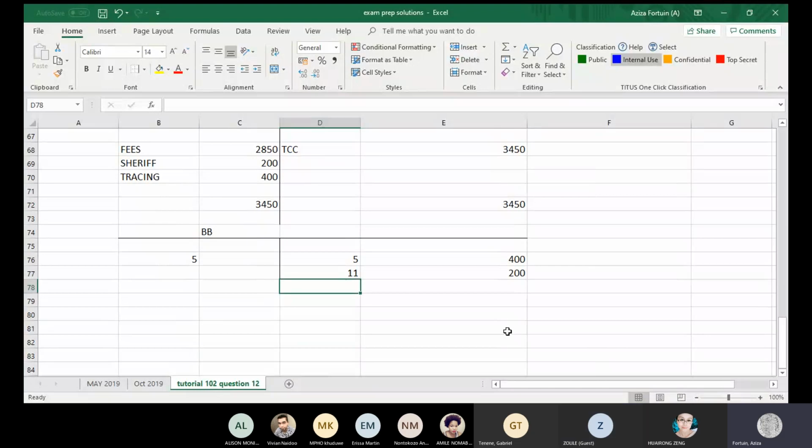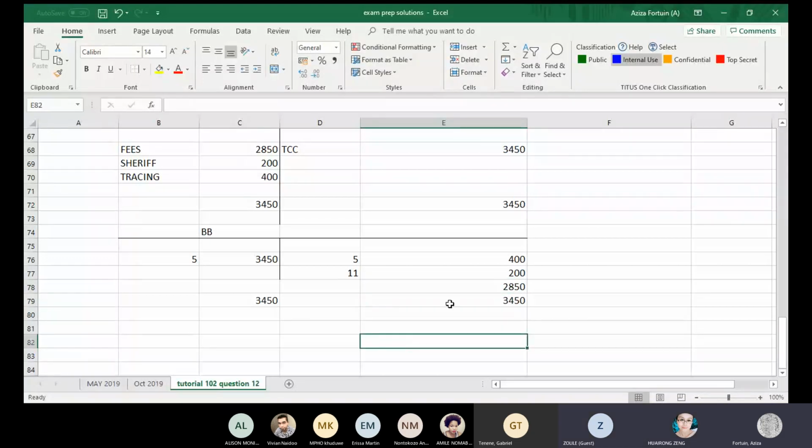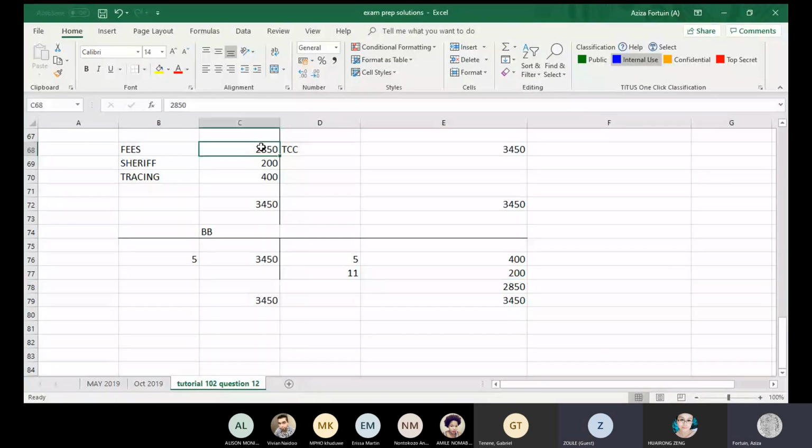And then we should have the transfer 3,450, right? Yes, but is that on the debit or credit side? Debit side. Yes. Okay. So you can have the 3,450 with your credit. Yeah. So now we're going to balance out and we're going to get the 2,850. Okay. Which then corresponds.